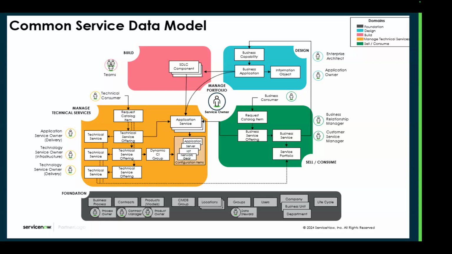But the managed portfolio domain is covered in each portion of each domain, and you can see we have different roles and user personas for each domain listed here. They play a pretty important role in supporting and using this data modeling.